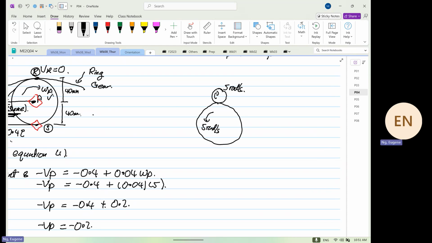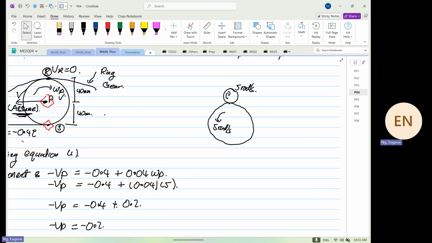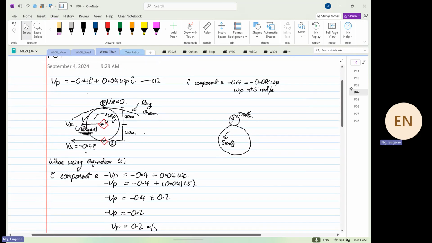Oh, you guys got me thinking this time. I'm just doing the math and not asking why. The assumed direction, 0.04. Did I miss anything in my calculation? Hold on.